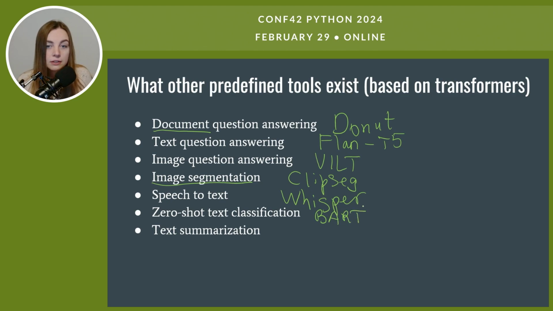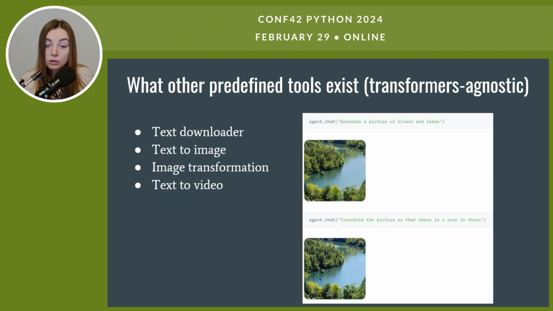And pretty straightforward, we can have text summarization. So we can pass a long text and have its summary in just 2 or 3 sentences. And this task is also operated by BART. And also, we can have tools that are not based on transformers.